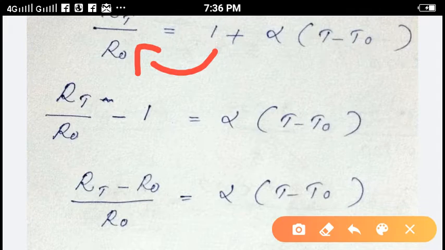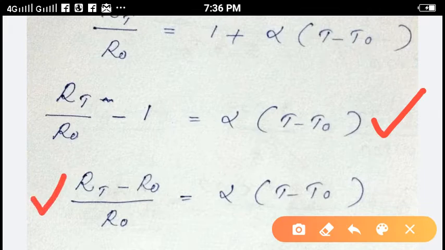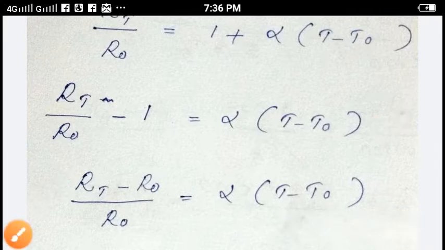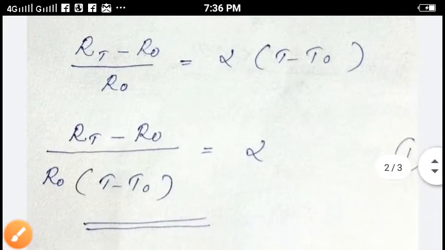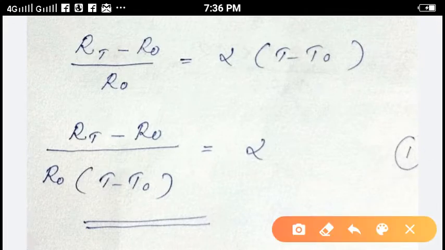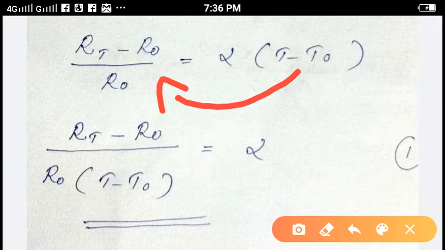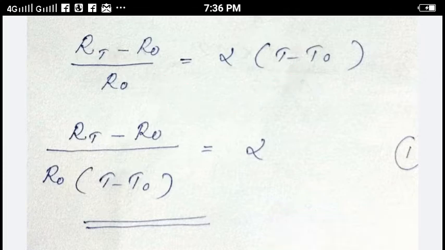The equation will become RT by R0 minus 1 equal to alpha into T minus T0. Or on LHS, we can write RT minus R0 divided by R0 is equal to alpha into T minus T0. So alpha is equal to RT minus R0 divided by R0 into T minus T0. So we have got an equation for alpha.